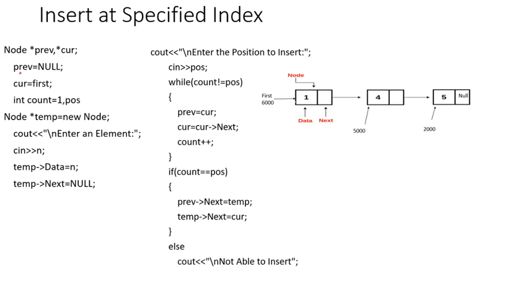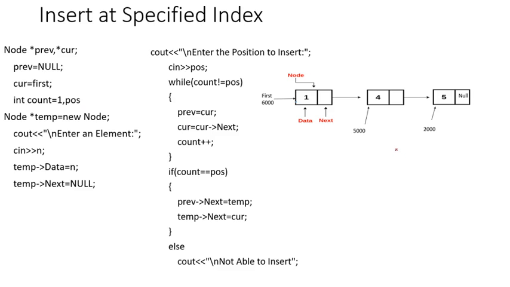So prev is the predecessor of the current node; prev is always pointing to the previous node of current. We have also made use of two variables, count and pause. Pause is used for the location where we want to insert the new node.